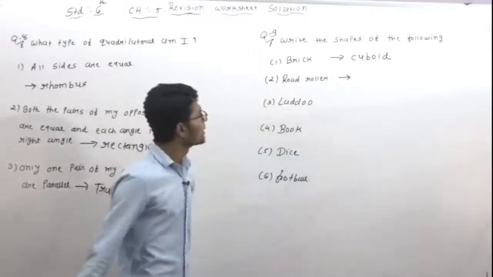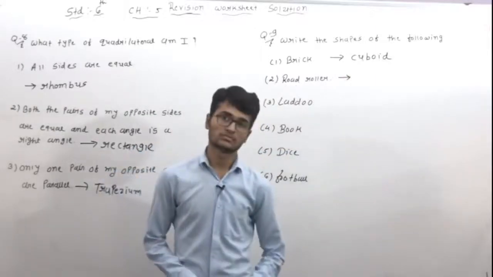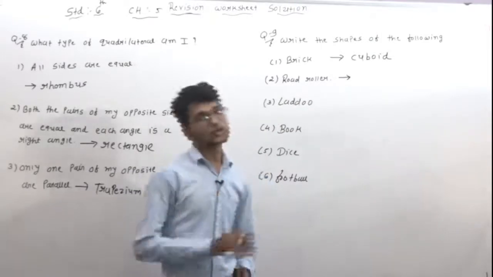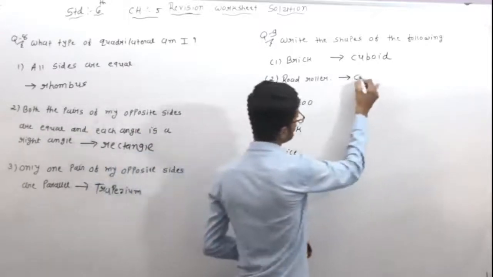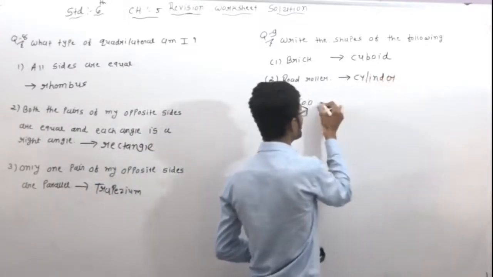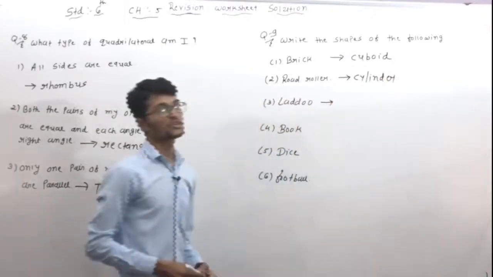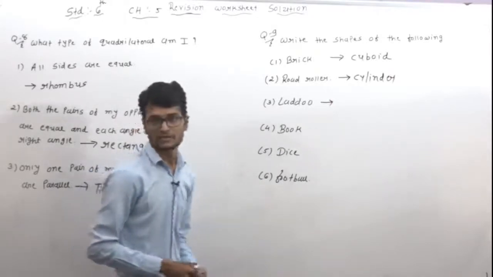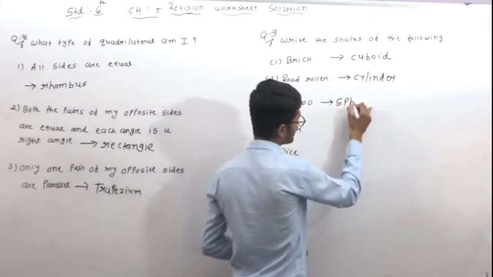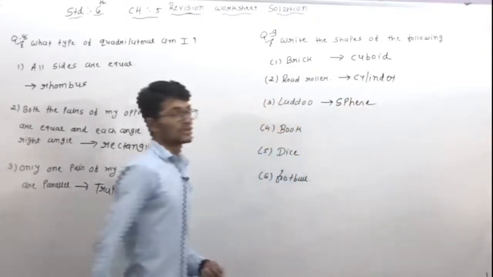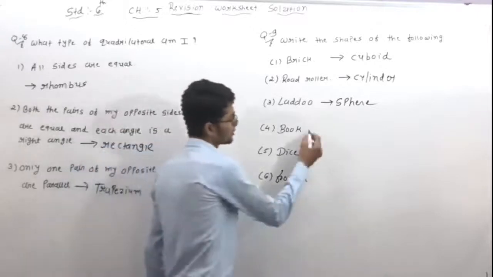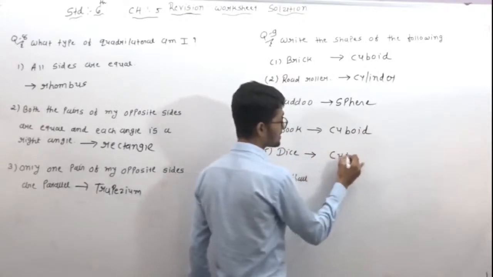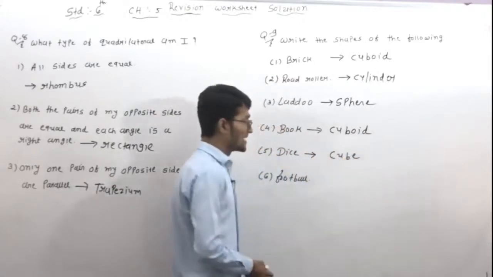Okay, then the road roller. What is its shape? The shape of the road roller is a cylinder. It is like a cylinder. Then the laddu is round, right? Its shape is sphere. Then the book, this one is also a cuboid shape. Then the dice, all the sides are the same, it means the cube, the dice shape is cube.